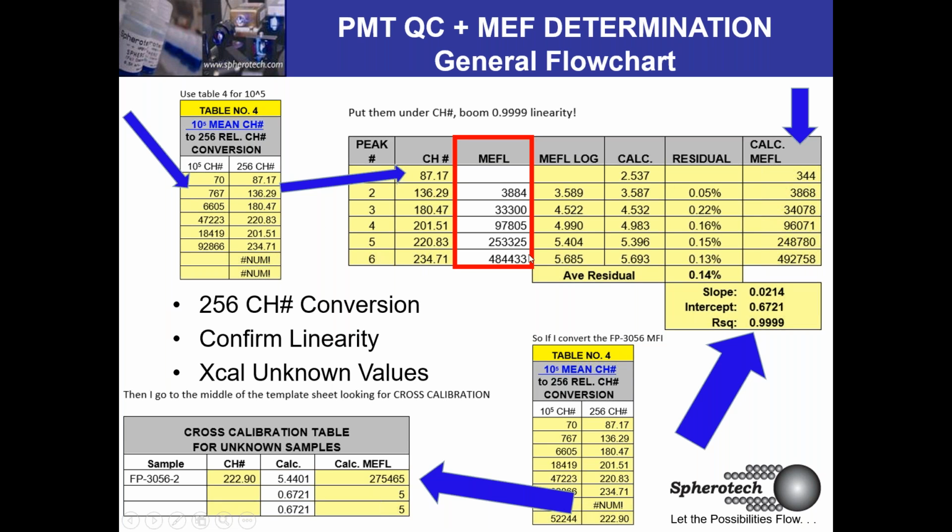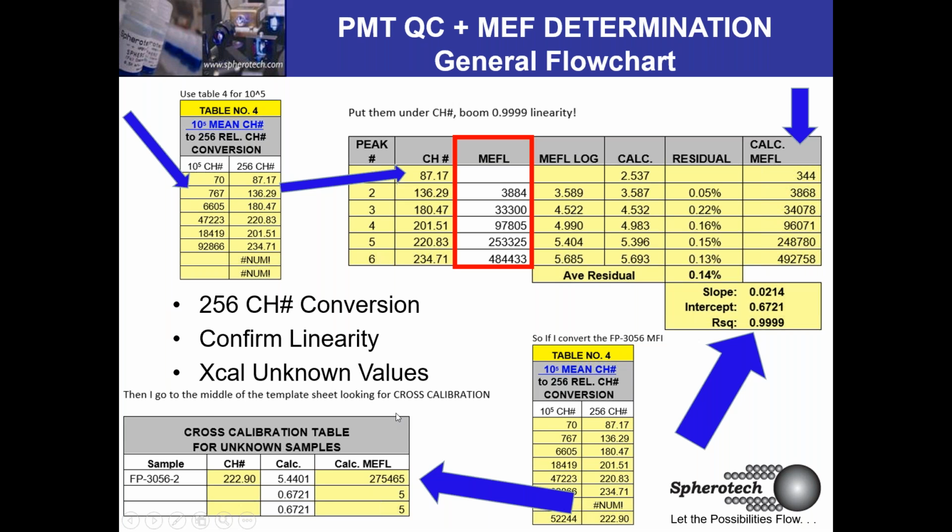Now these in red are my validated values. We've given you those. Spherotech gave you those values. But if you put in your channel numbers, you will get your calculated MEF values. And look at that. I got a great R squared value, 999, right? It's pretty low residuals. So now I've essentially got the table set up.